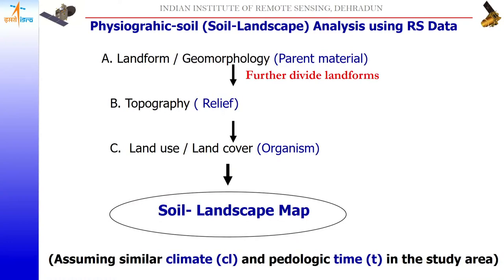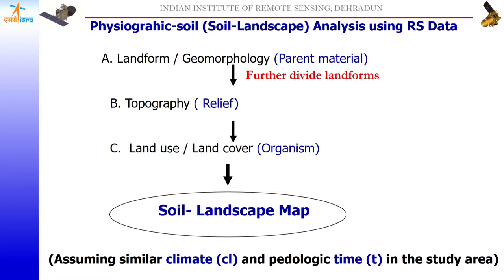So physiographic analysis, or you can say soil landscape analysis, we use for preparing a soil map. For example, if you are preparing a map for one district, then you can assume the climate in your area is constant, not changing much, because climate changes over large areas.